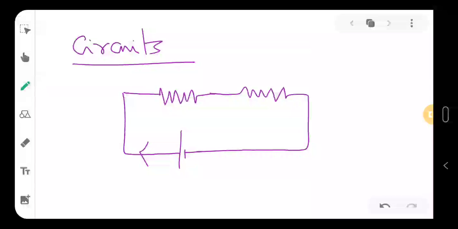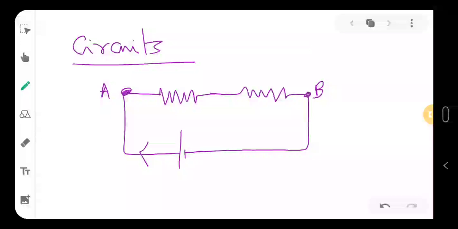Now why do charges move? Charges move because of the difference between 2 points. So if this is my A point and this is my B point, charges will flow only when these points are at different energies.